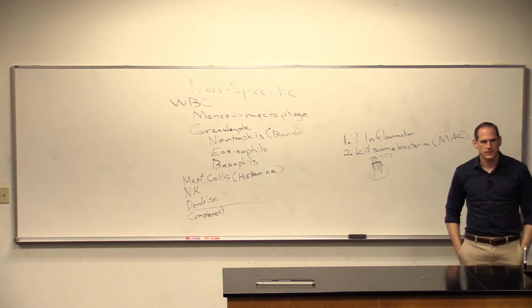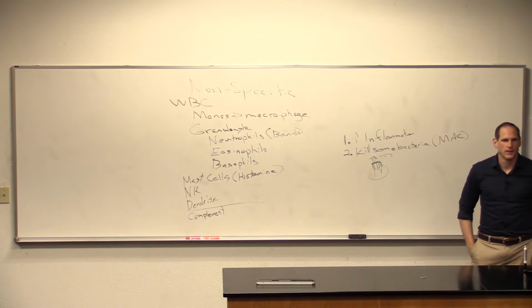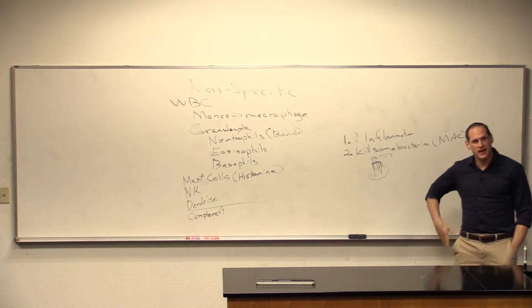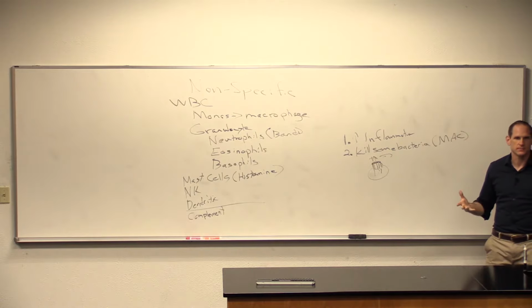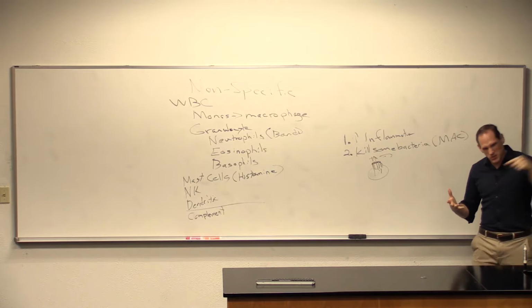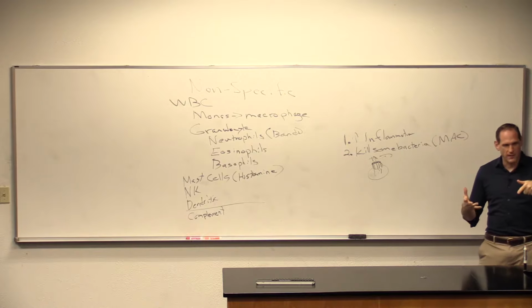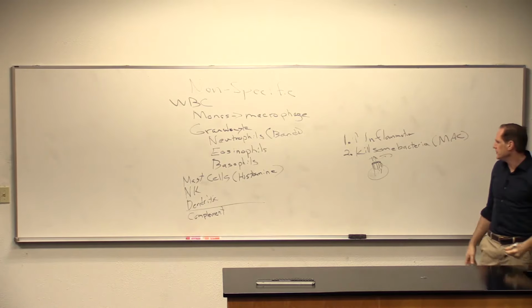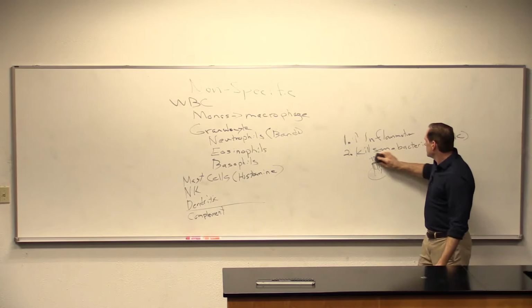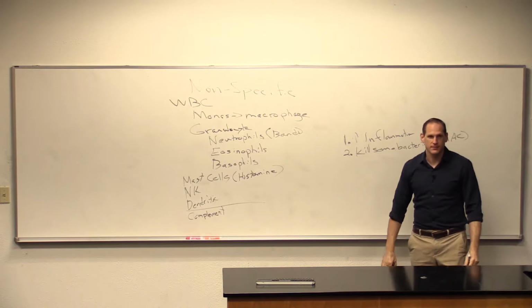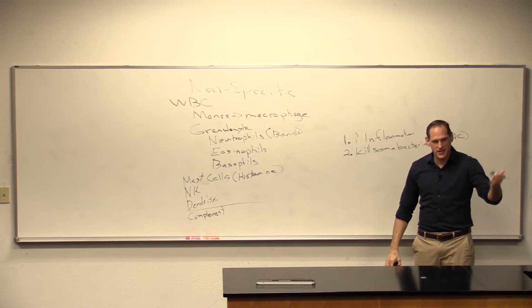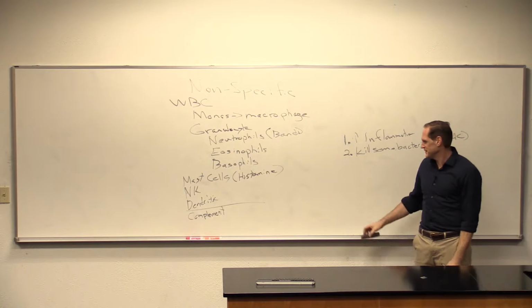The MAC, which stands for membrane attack complex. And how does it work? It pokes holes into the membrane, to the cell wall, allowing the guts to spill out. And to quote a movie you haven't seen, its entrails become extrails.